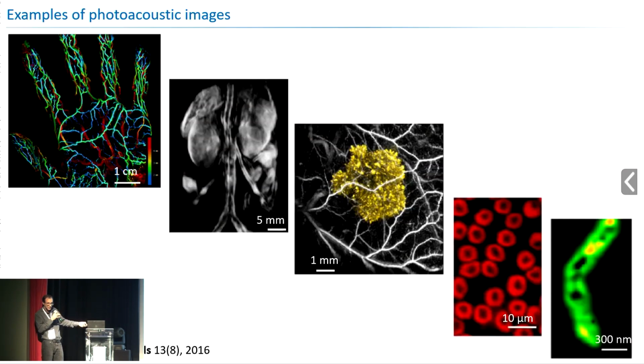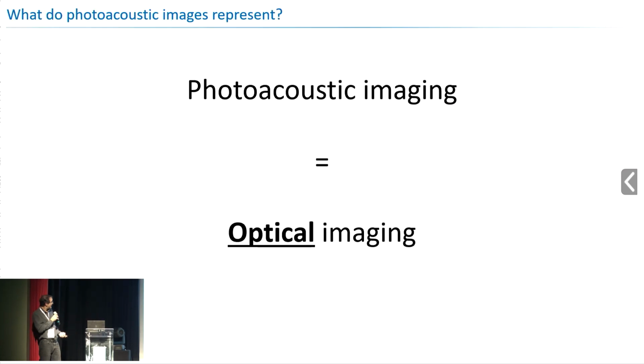This is more conventional. This is what's called photoacoustic microscopy. It has the same sort of features as conventional fluorescence microscopy, except for the contrast. I haven't said what parameter we're looking at right now. These are optical images, so we're looking at some optical parameter. Acoustics is the means to detect things.